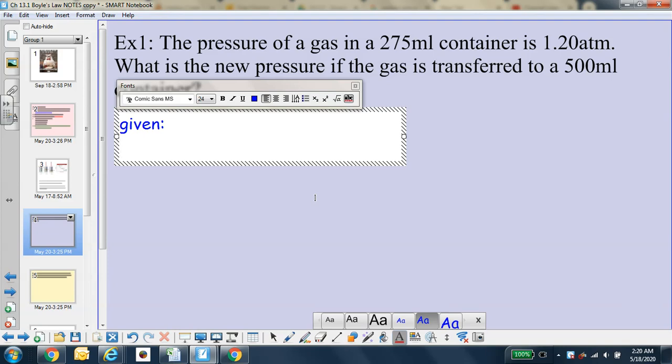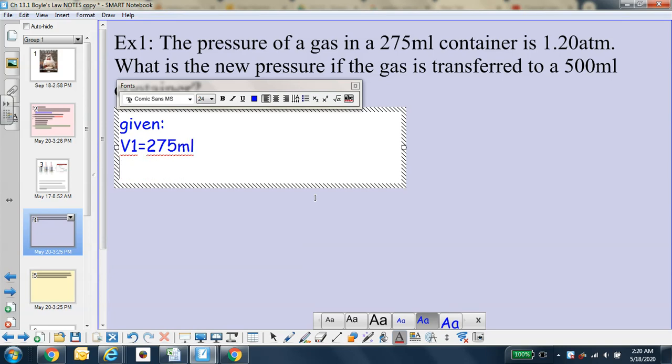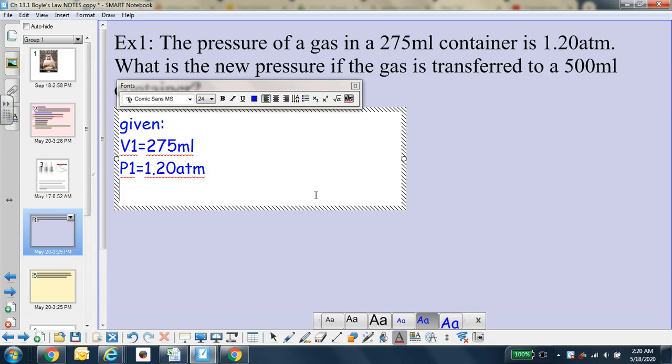So the 275 milliliters, that's our V1. V1 equals 275 milliliters. P1, our initial pressure, equals 1.20 atmospheres.